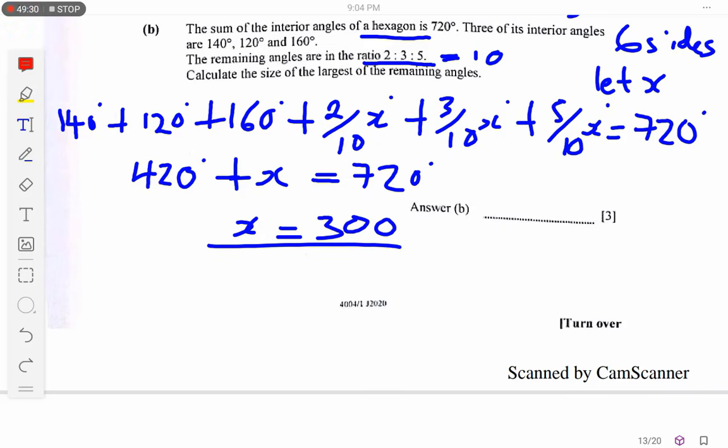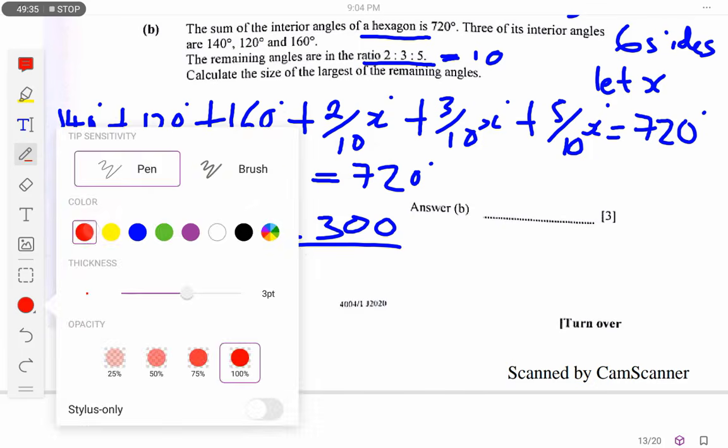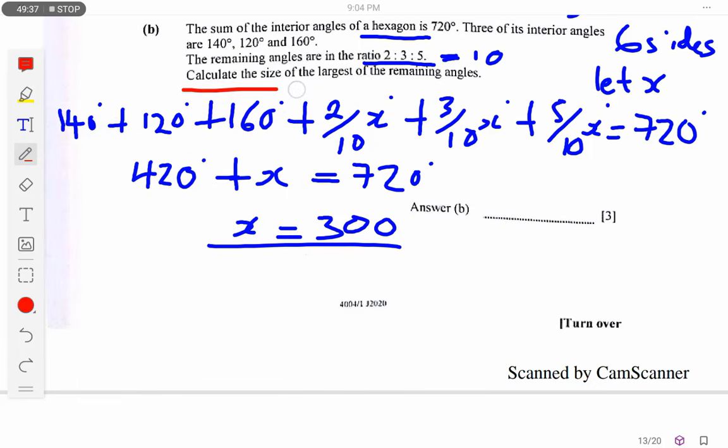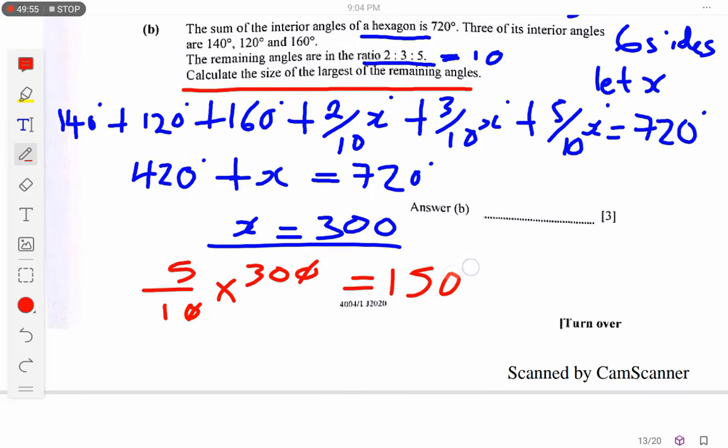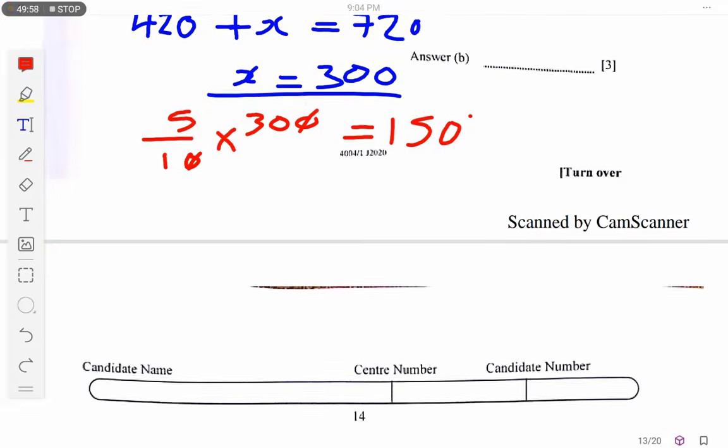So for us to find the value of the largest, because we have not yet answered the part, calculate the size of the largest. The largest is 5 over 10. So we can say 5 over 10 by our 300 there. So we get 150 degrees. Okay. We have finished answering that question.